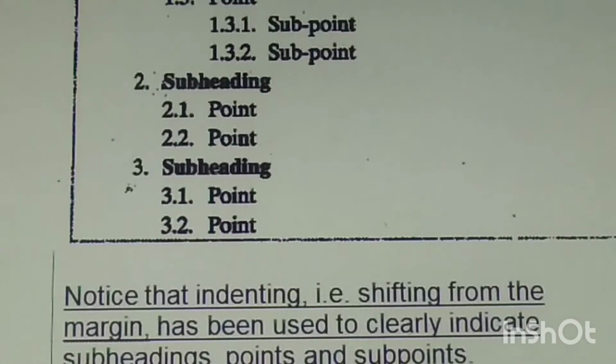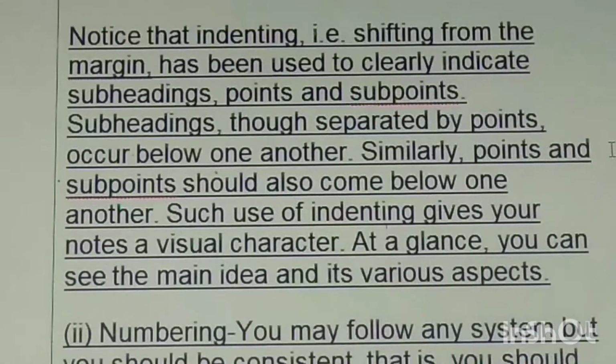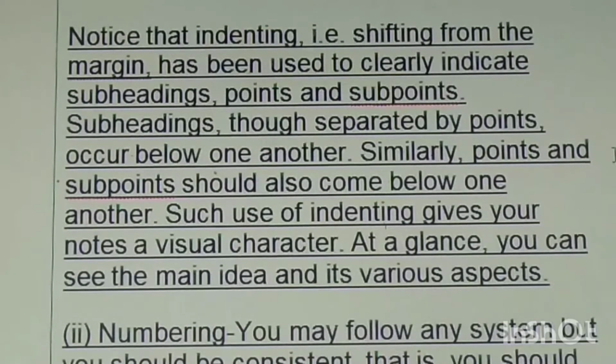See how the indenting is done here. Notice that indenting, that is shifting from the margin, has been used to clearly indicate subheadings, points and subpoints. Subheadings, though separated by points, occur below one another. Similarly, points and subpoints should also come below one another. Remember these points, very important.